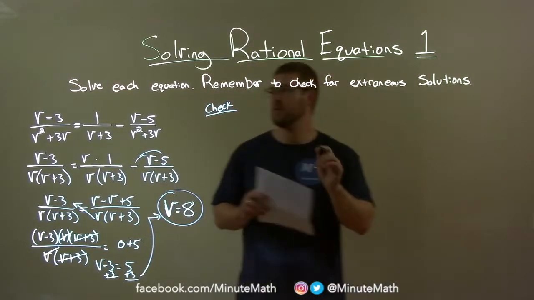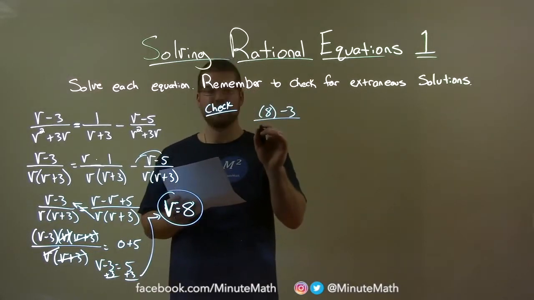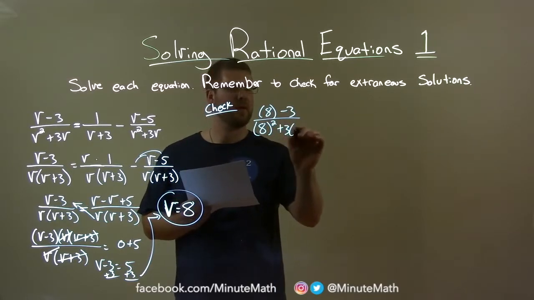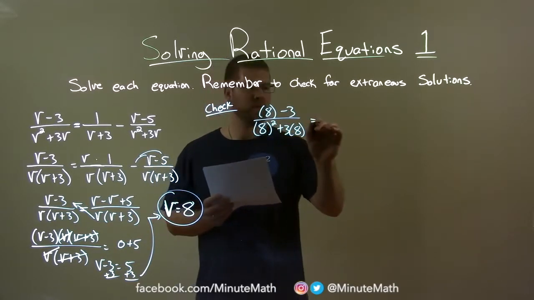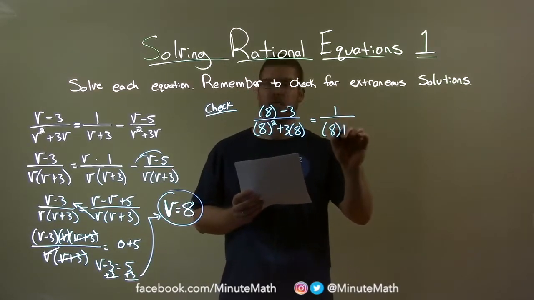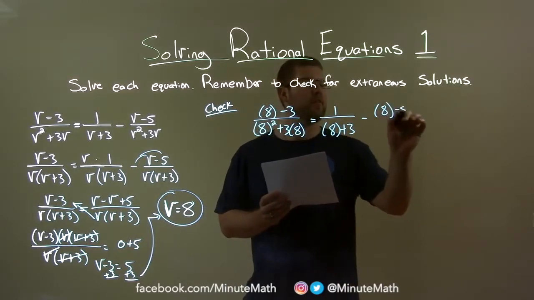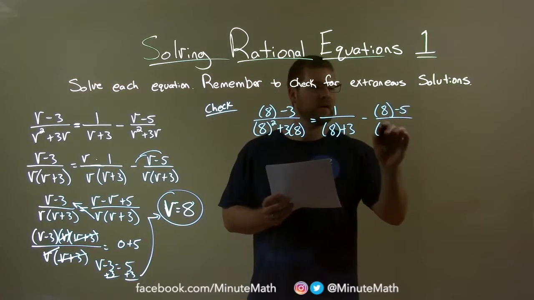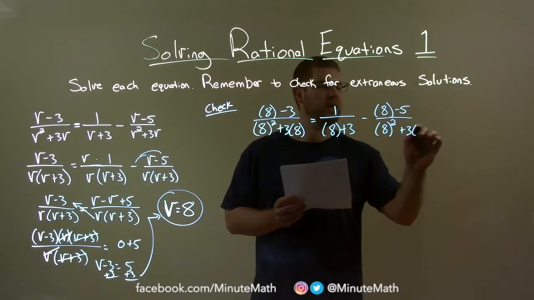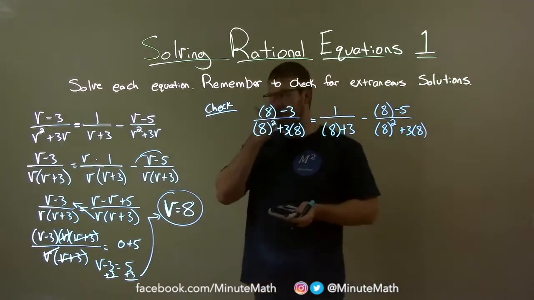So we have 8 minus 3 over 8 squared plus 3 times 8 equals 1 over 8 plus 3 minus 8 minus 5 over 8 squared plus 3 times 8. And I always have a calculator handy because I always make simple little mistakes here.